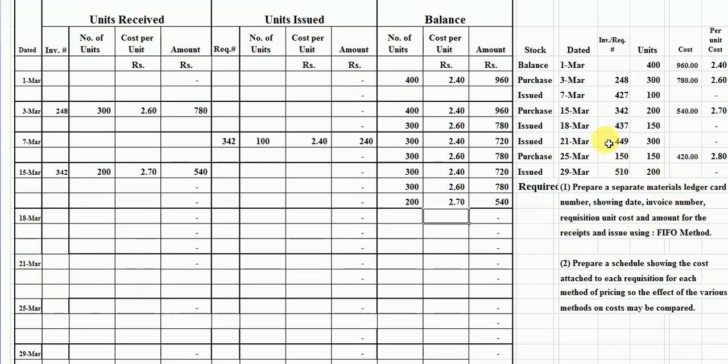On 18th March, 150 units are issued. The requisition number is 437. Now we record the requisition number 437, and the 150 units are taken from the first purchase of 300 units.